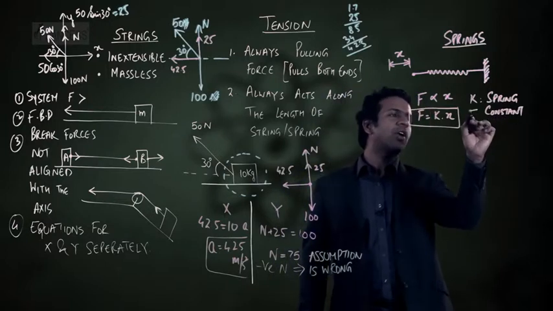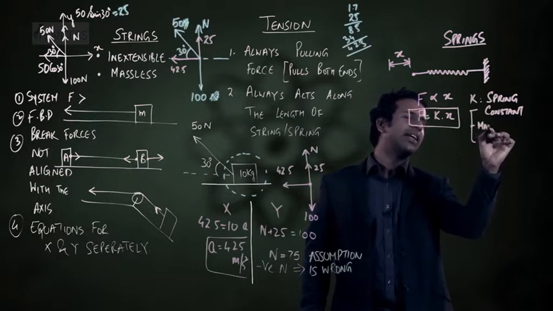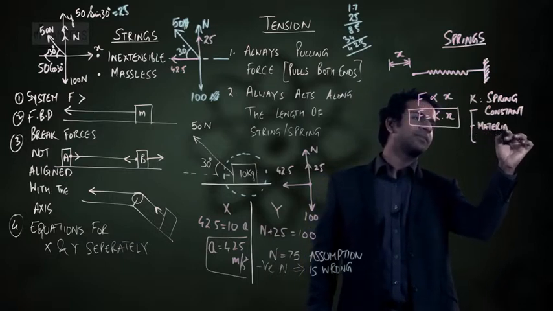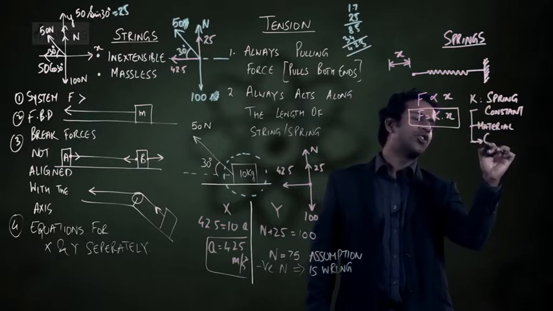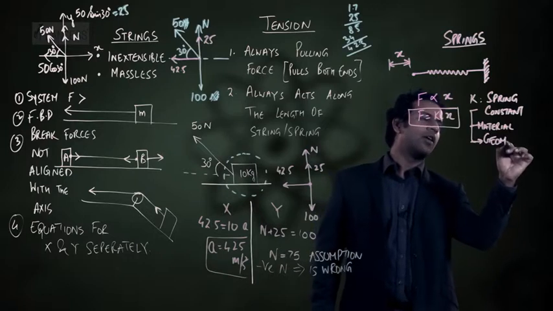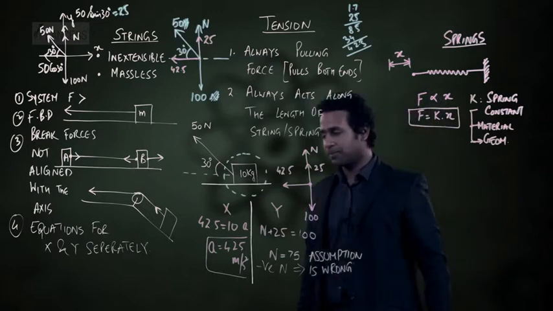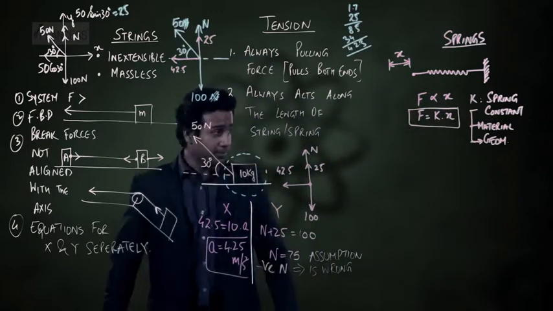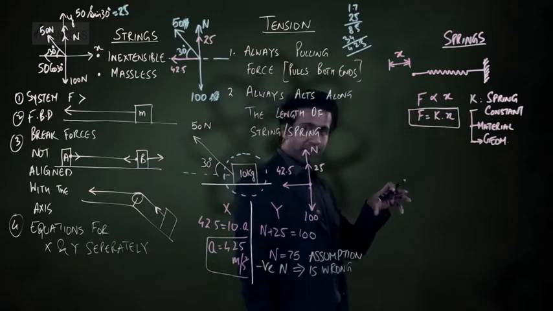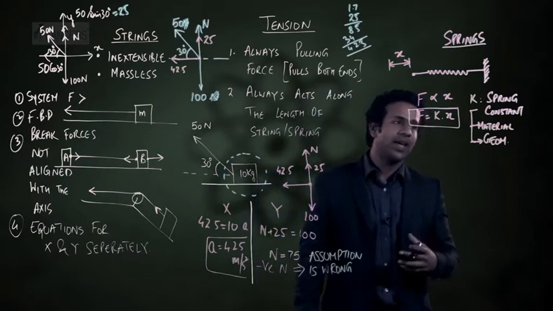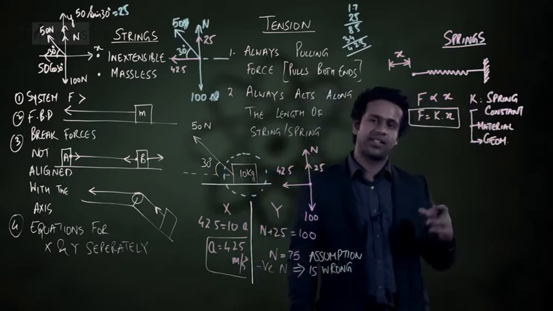And this spring constant depends on the material that you are using and the geometry of the spring, that is how tightly or loosely that spring is bound. Right. But for any given spring that you take, the spring constant will remain the same.